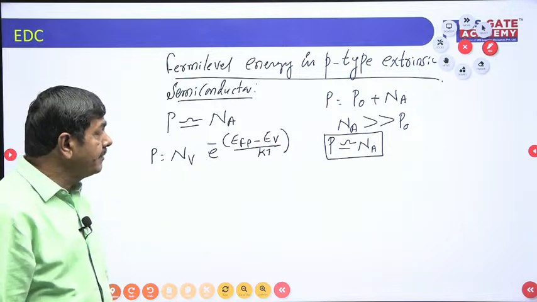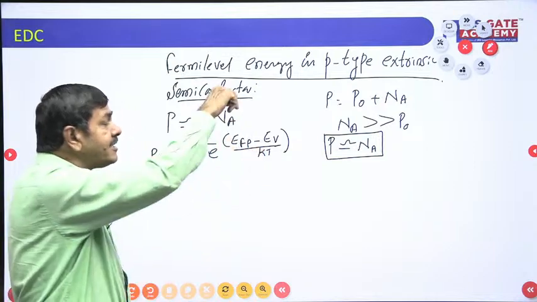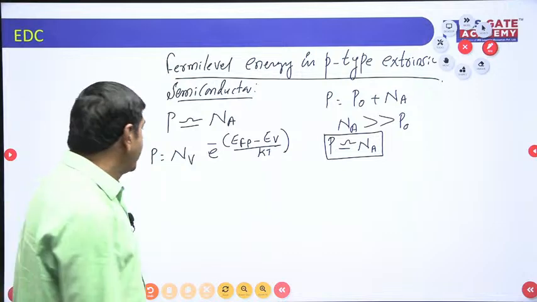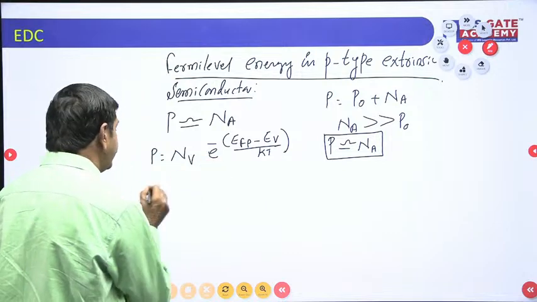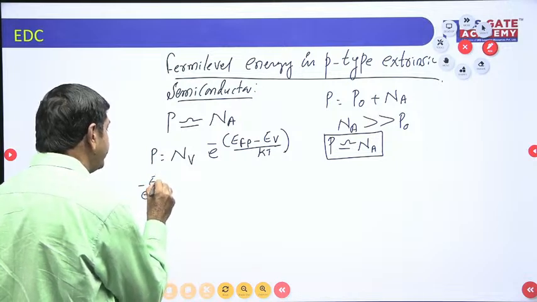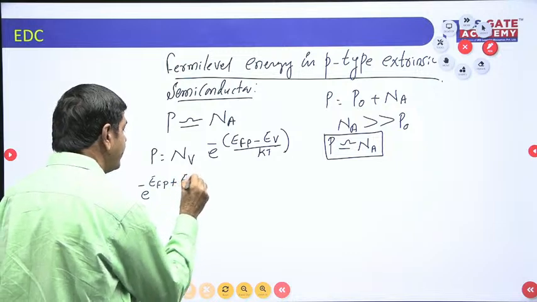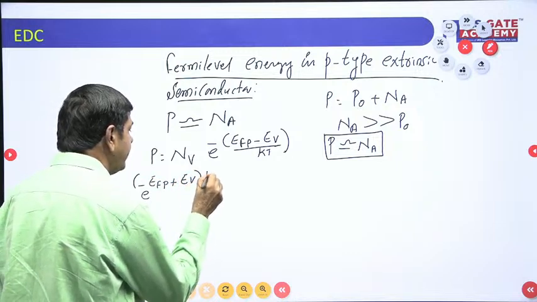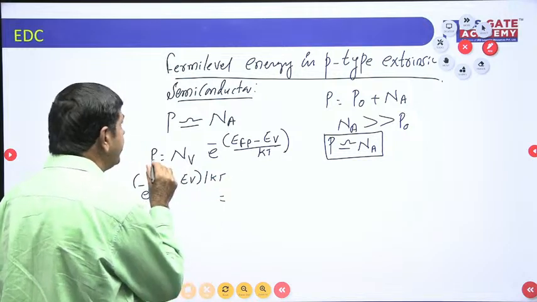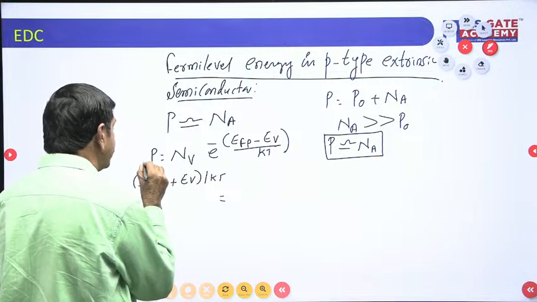For p-type, it is minus (EFp minus Ev) by kT, because EF is a larger value and Ev will be a lower value only. But in this case, I want to take e power minus (EFp minus Ev) divided by kT, that equals how much? p is approximately equal to Na only. This is equal to Na. p is nothing but Na, we can write.